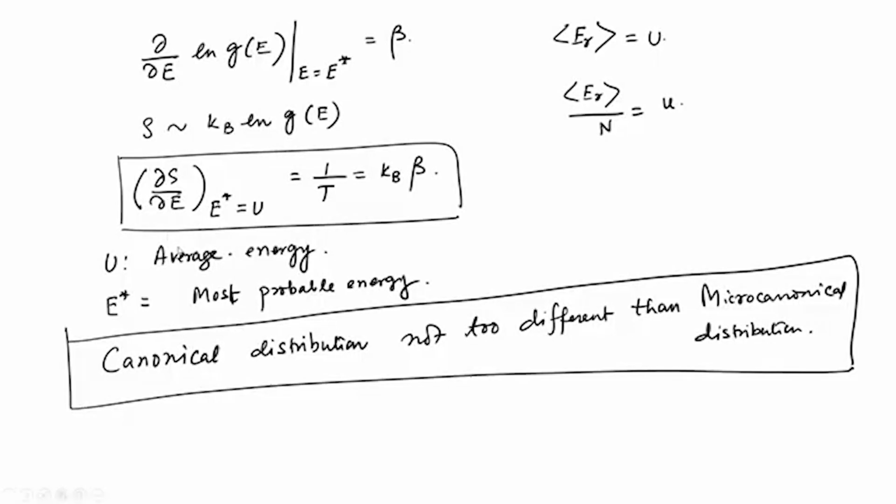Let us just see one more small point here, which will tell you that indeed the two distributions are the same, and even when we go to grand canonical, things do not change much.